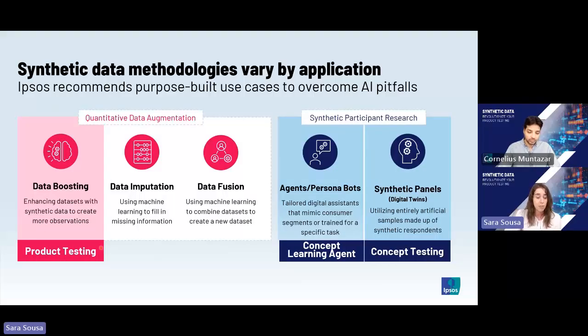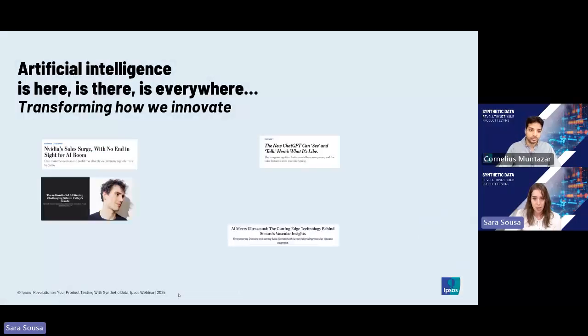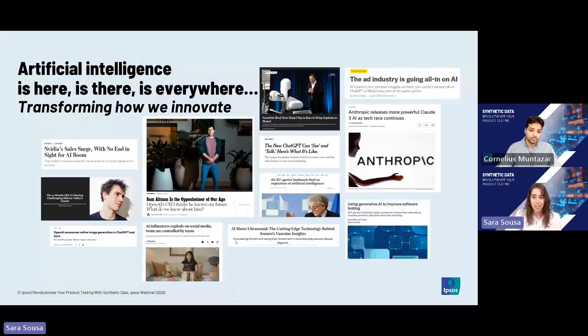We can also be creative in how we want to leverage these technologies to help us in the consumer insights world. And I'm sure you've noticed artificial intelligence is literally everywhere. It's impossible not to see it today, not to hear it, and even avoid conversations when AI is not a part of that conversation.